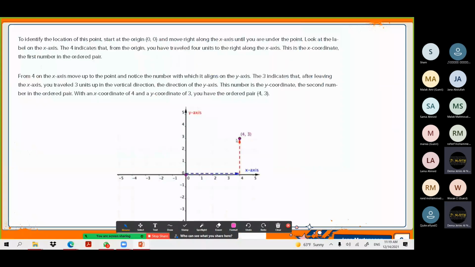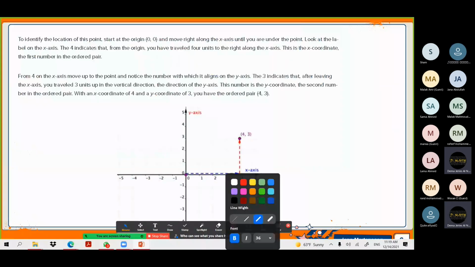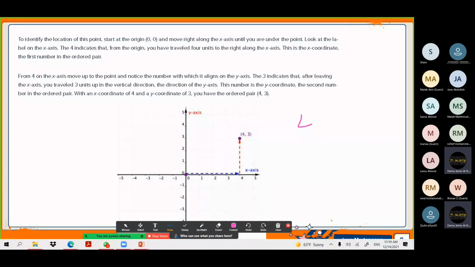Here we have (4, 3). The point's name is (4, 3). So first of all, you have to start from the origin. Now, what is the value of x here, Sarah?